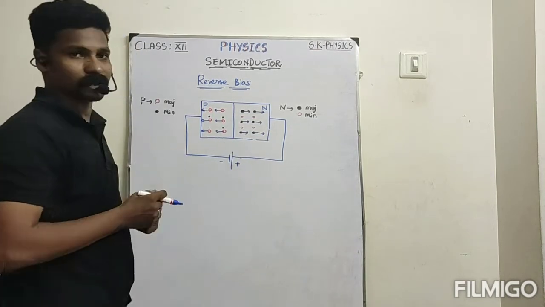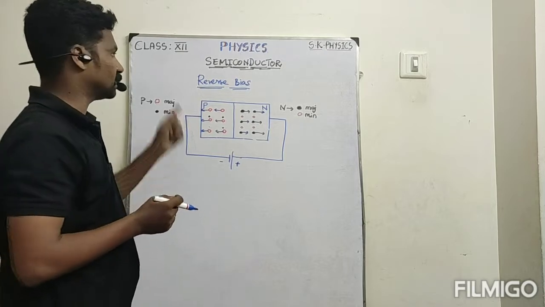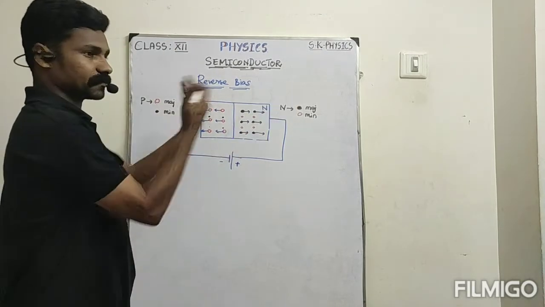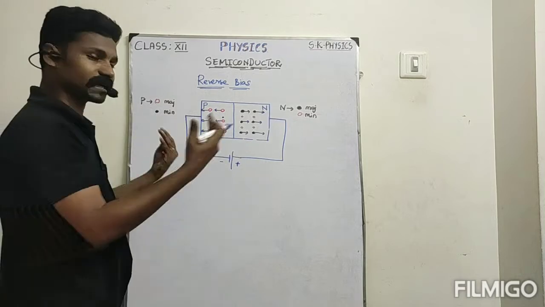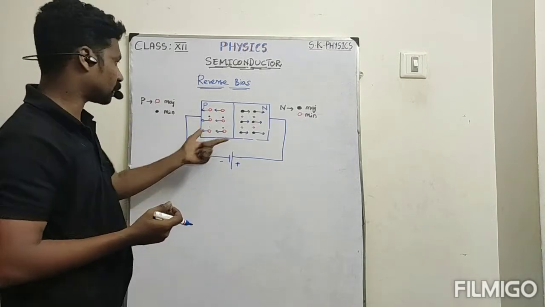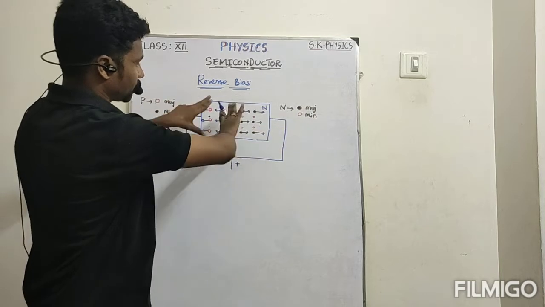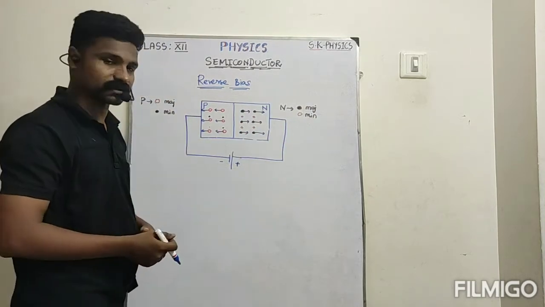So what happened now? We know very well that in forward bias the majority charge carriers diffuse, so we get diffusion current. But now it is not here, because all the majority charge carriers move towards the battery in the opposite side.